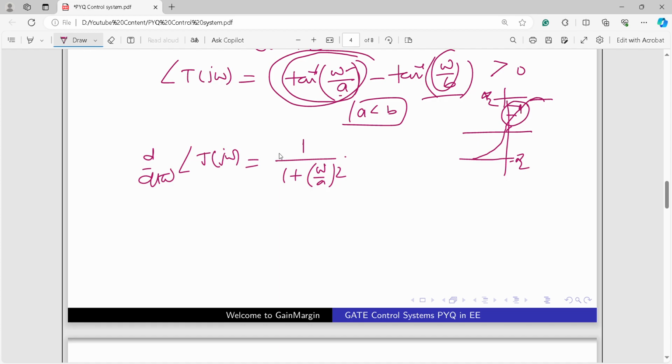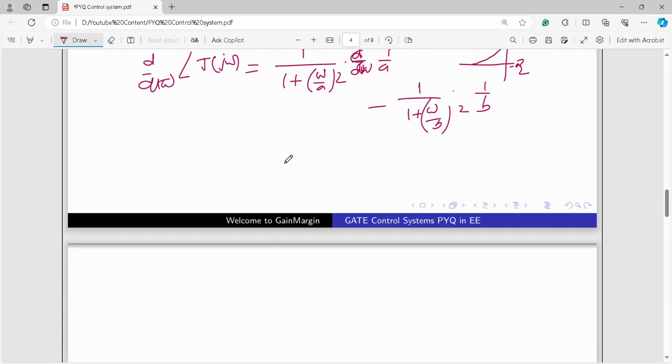Okay, so here the derivative of omega by a with respect to omega gives 1 by a, right, minus, similarly we apply it to the next term, into 1 by b. All right, so we want this to be 0, then we find the omega frequency.